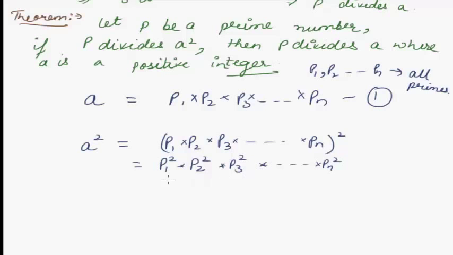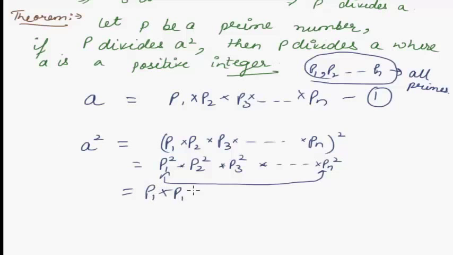Therefore, when written in the increasing order of primes P1, P2, Pn, this becomes P1 into P1 into P2 into P2 into Pn into Pn.